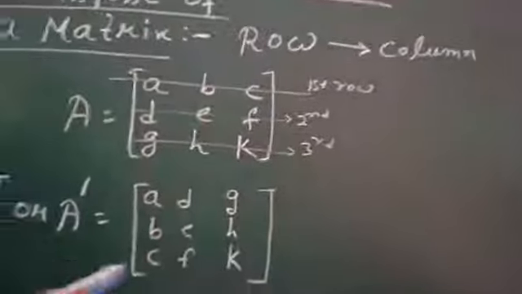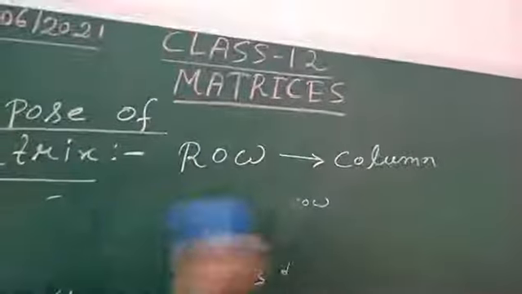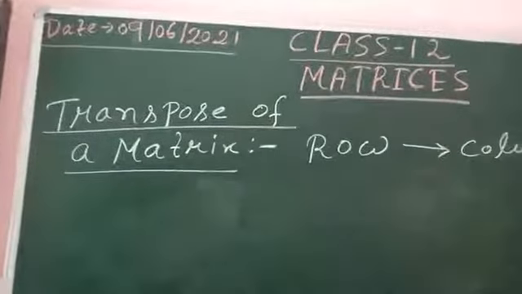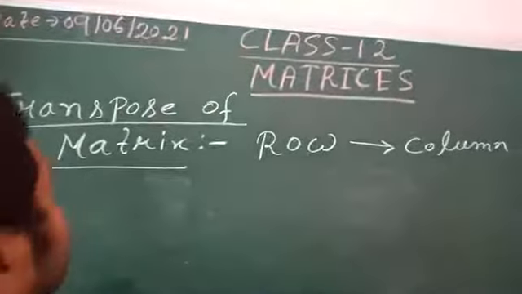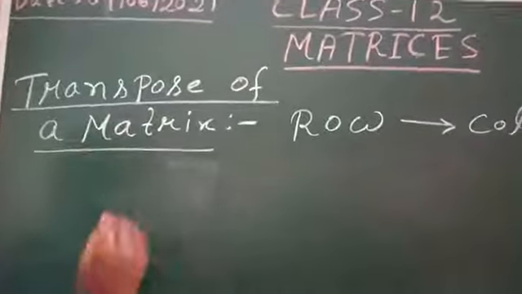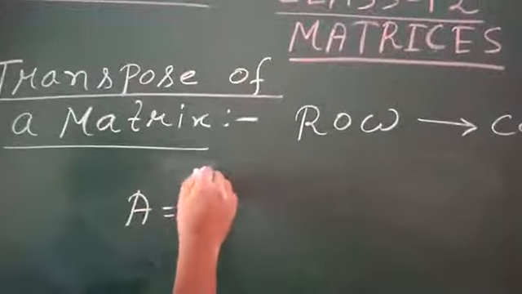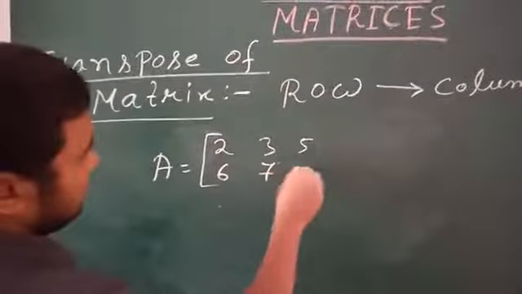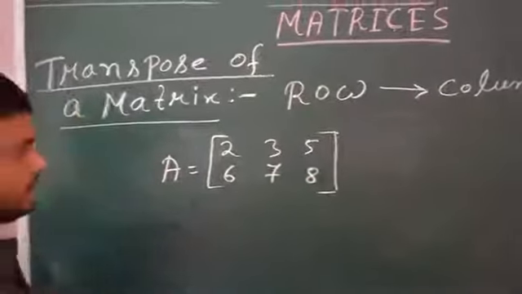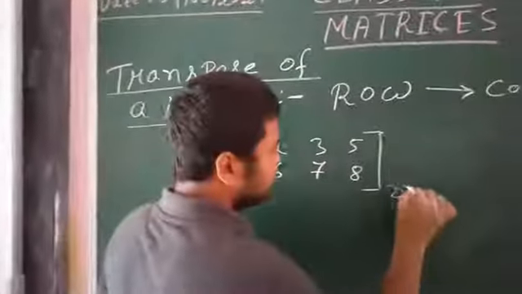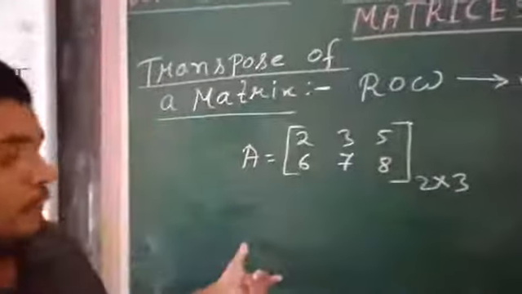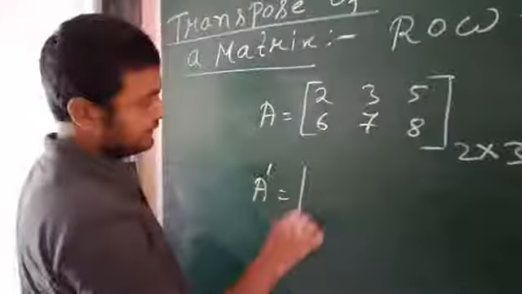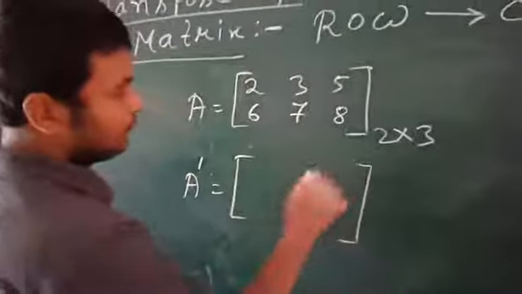So let us discuss another example of transpose. If you sense row to column or column to row, we get the transpose of a matrix. Suppose A is 2, 3, 5, 6, 7, 8. This is a matrix of order 2 rows 3 columns. So if I have to find out A transpose, then I have to sense row into column.